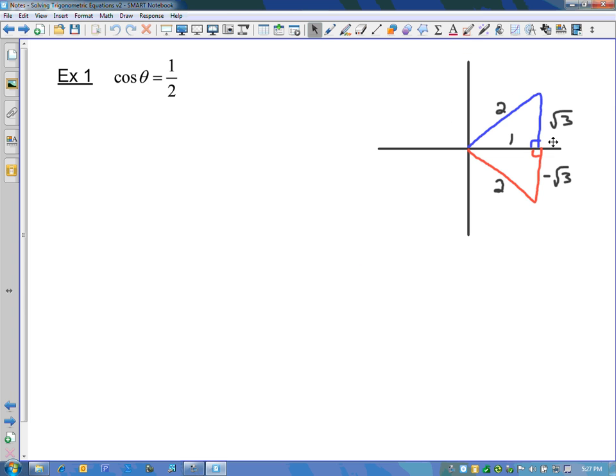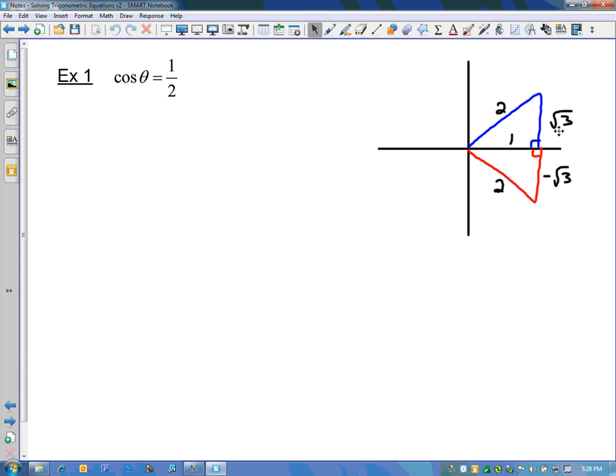So the triangles would look like this. If you think of cosine, you can assign the values using your SOHCAHTOA. So cosine is adjacent over hypotenuse. So adjacent would be 1, hypotenuse would be 2. And then hopefully you should recognize the special right triangles as a 30, 60, 90.